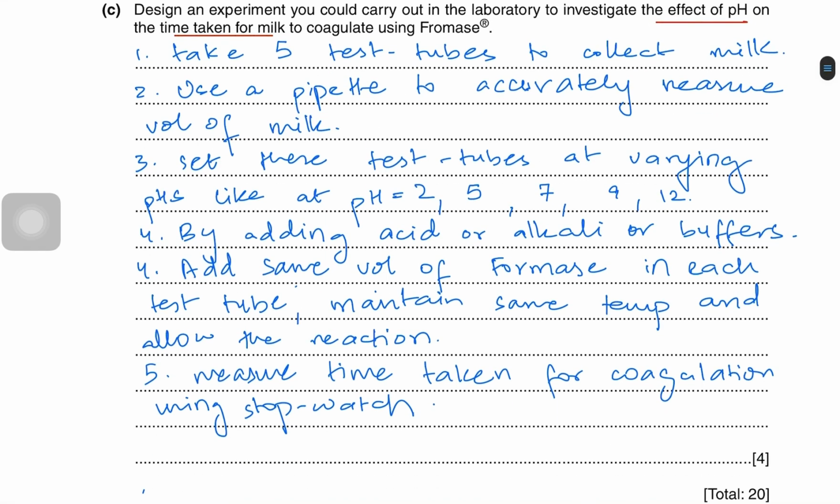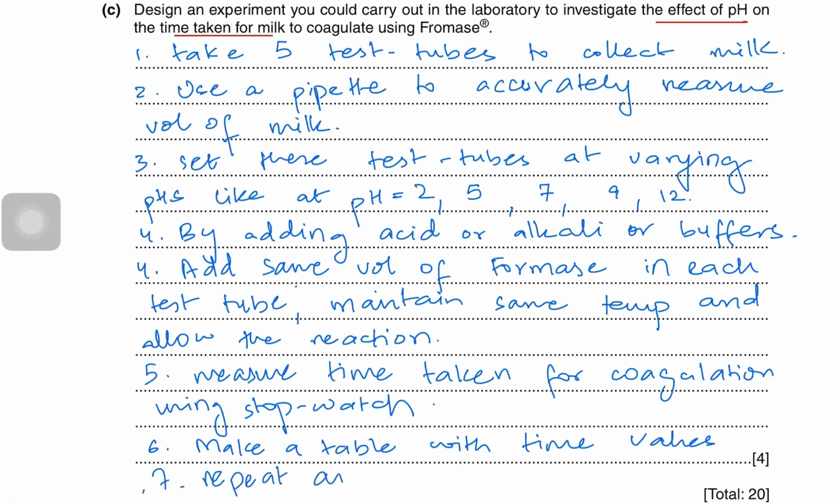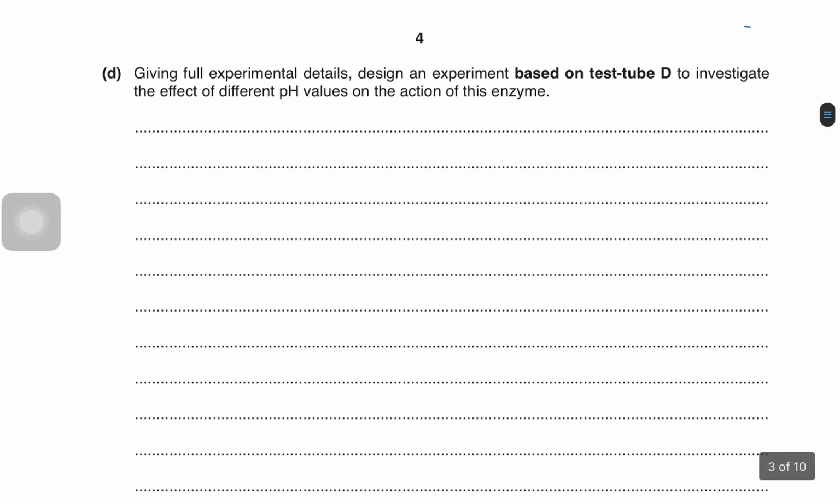How will you record your data? So you can say make a table with time values, and you can also talk about repeat the experiment and take means. Taking a mean or taking an average increases reliability, and this will give you a very solid 4 marks.